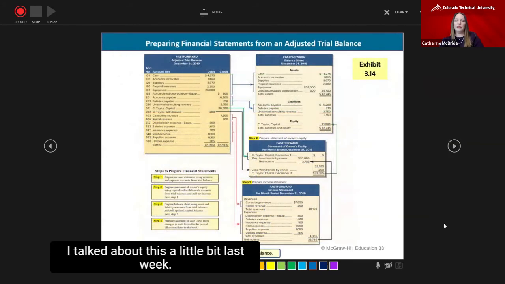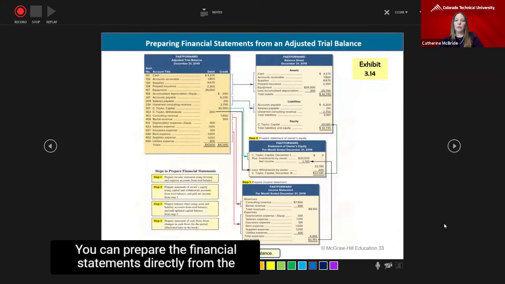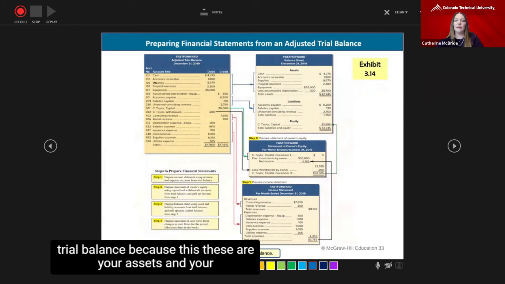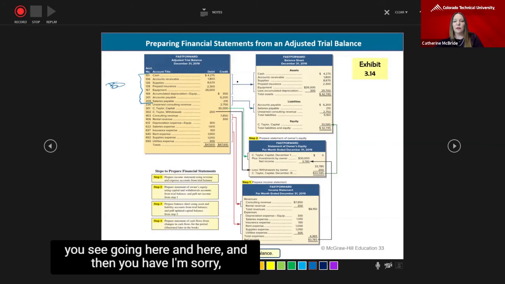I talked about this a little bit last week. You can prepare the financial statements directly from the trial balance, because these are your assets and your liabilities, and this is your balance sheet, which is what you see going here and here.